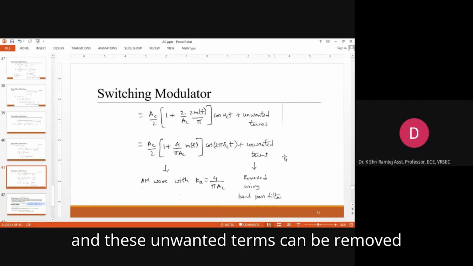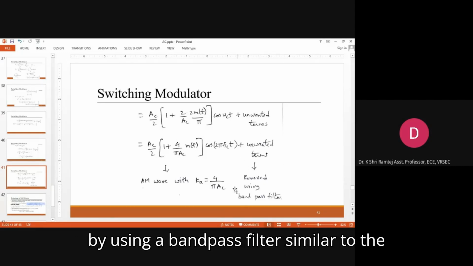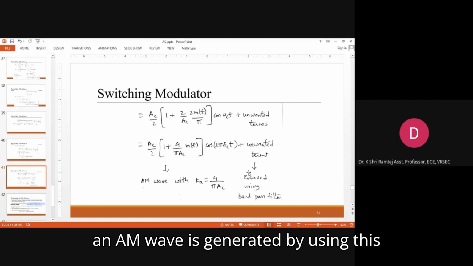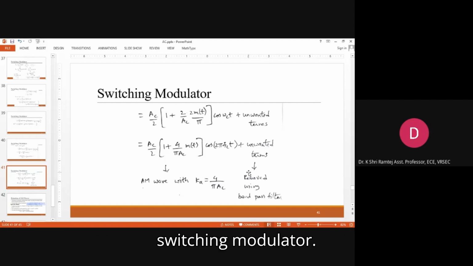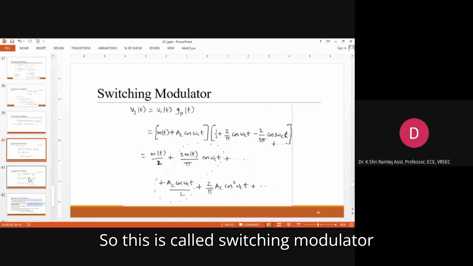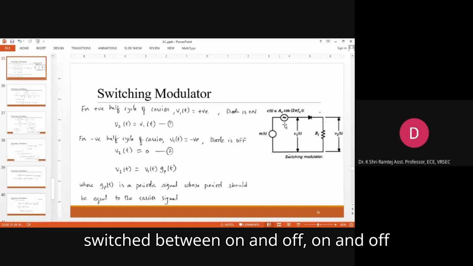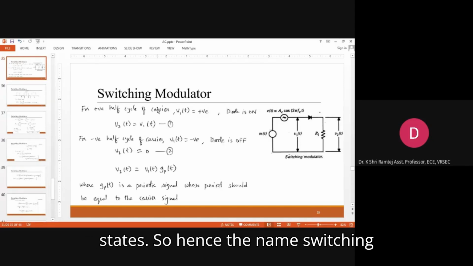These unwanted terms can be removed by using a bandpass filter, similar to the square law modulator. So this is how an AM wave is generated by using this switching modulator. It is called a switching modulator because the diode is continuously switched between on and off states, hence the name switching modulator.